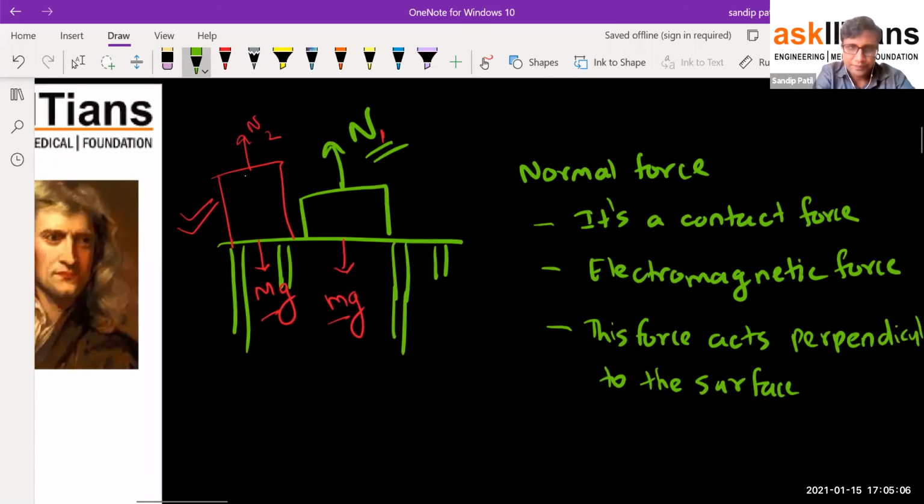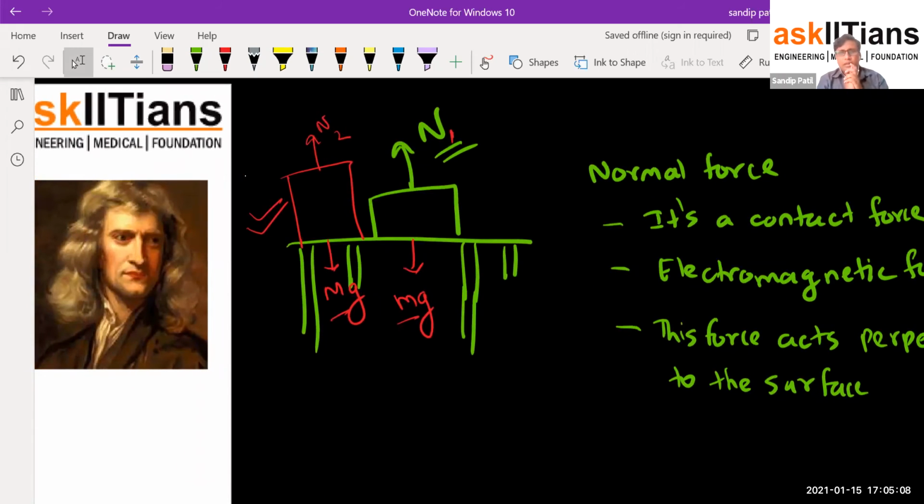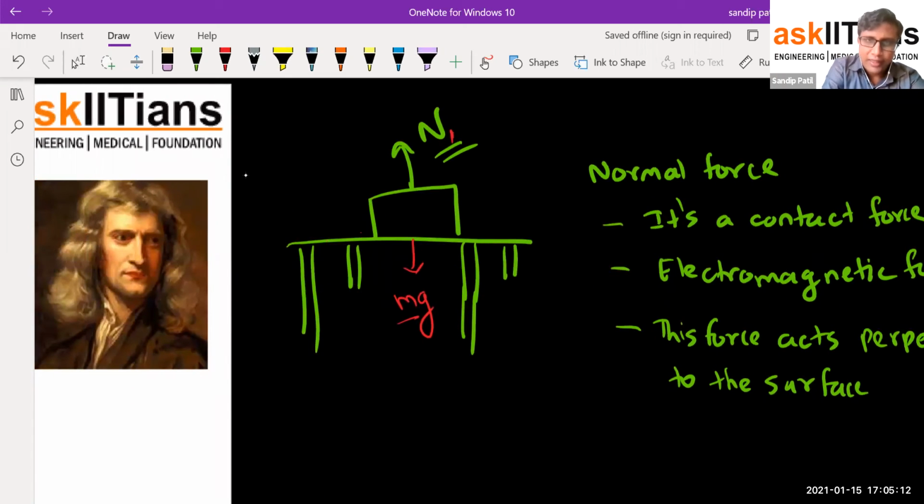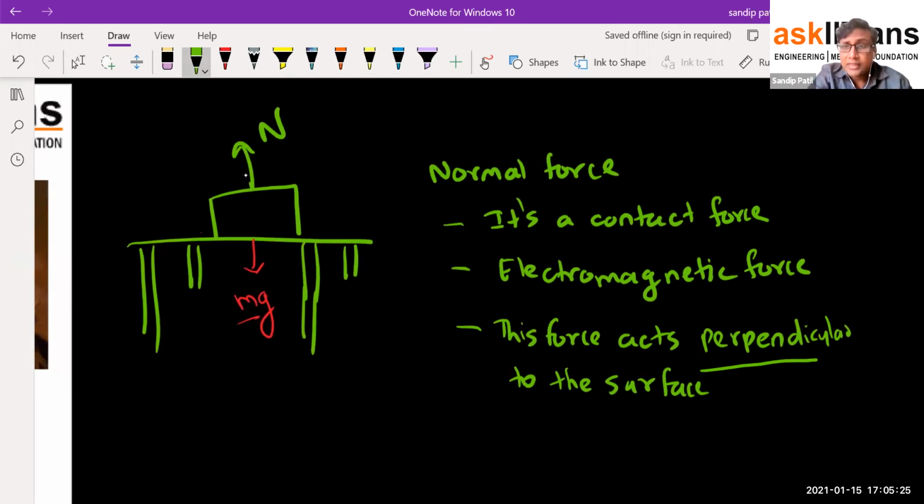Now for this table, let's forget about the second block, concentrate on the first block only. I know there is Mg force there, and the table is applying the force which is equal to the normal force. We also call it normal. Why normal? Normal means perpendicular. So in this third point, you can see why we are calling this force a normal force. What I was saying, the table was applying the force perpendicular to the surface.